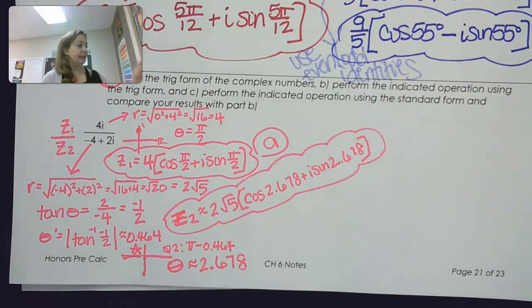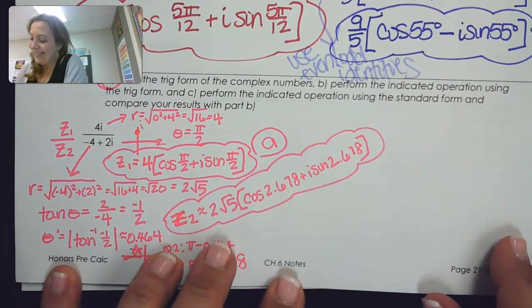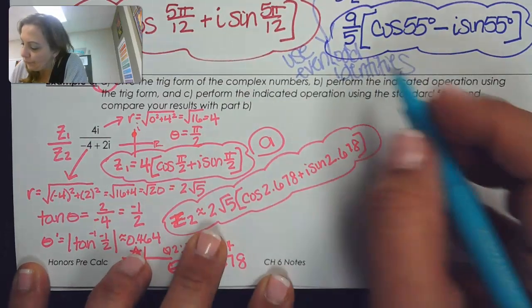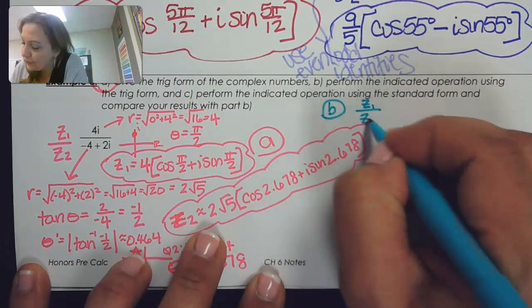So now what we'll do is we'll look at letter B, and in letter B, what they want us to do is divide the numbers now that we have them in that trigonometric form. And again, these aren't very pretty, so we'll just use a decimal approximation. So for letter B, I'm going to take Z1 over Z2.